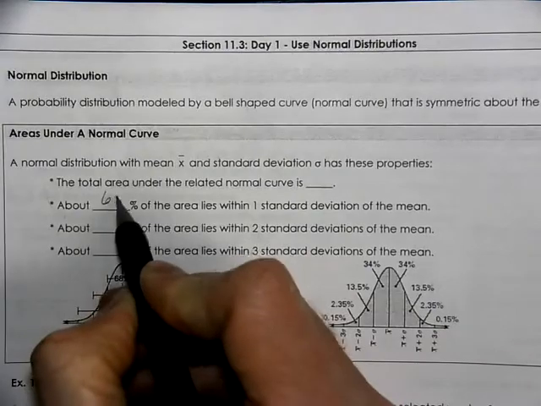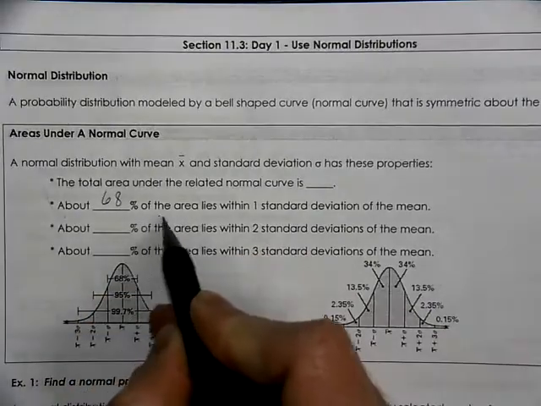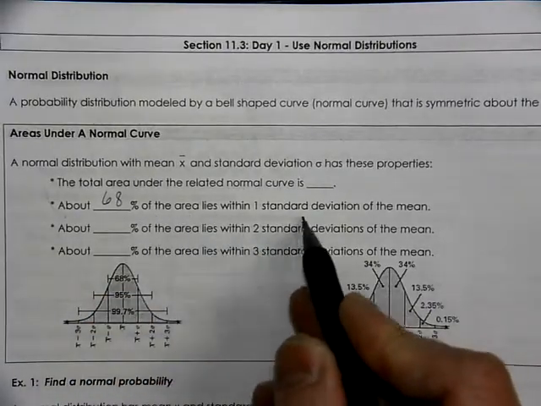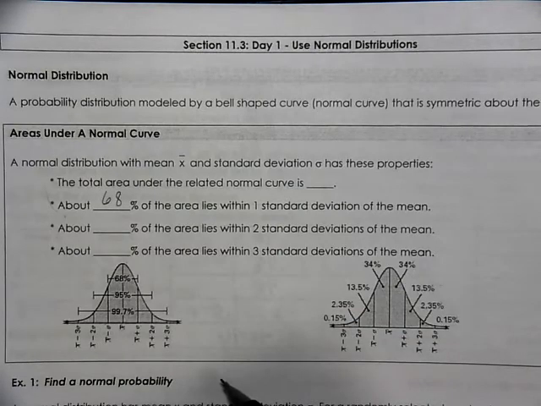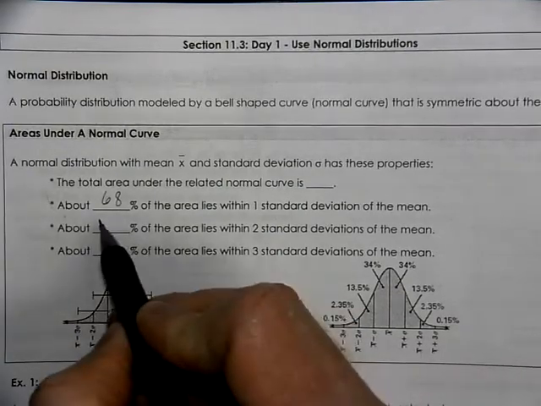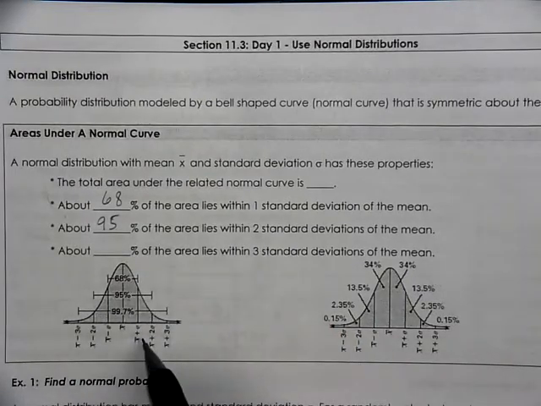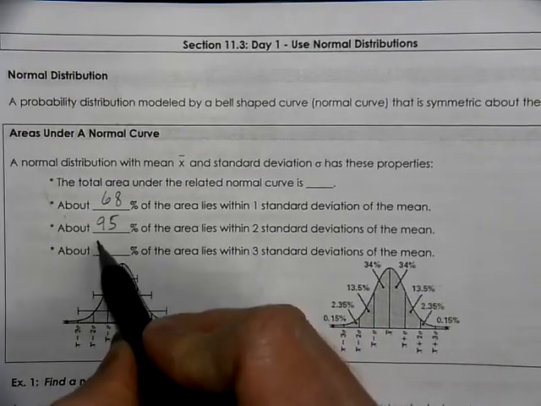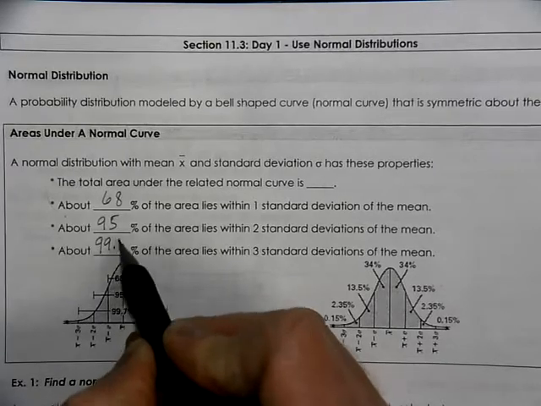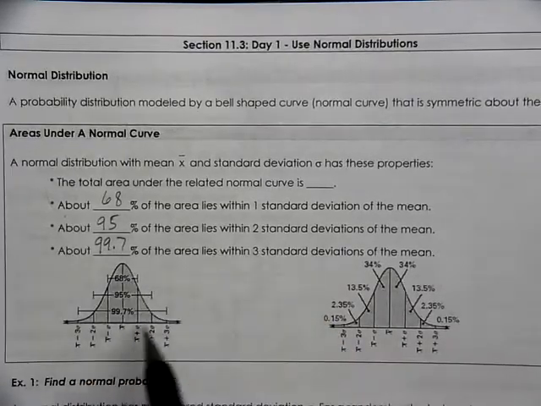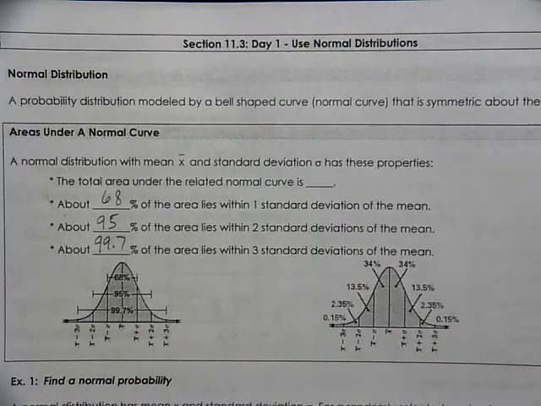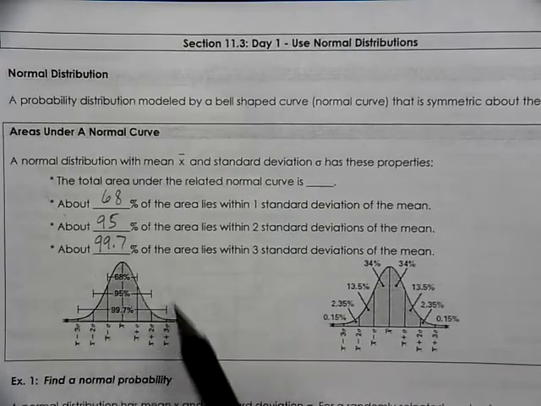About 68% of the area lies within 1 standard deviation of the mean. About 95% of the data lies within 2 standard deviations, and 99.7% lies within 3 standard deviations of the mean. That's illustrated here by this figure.